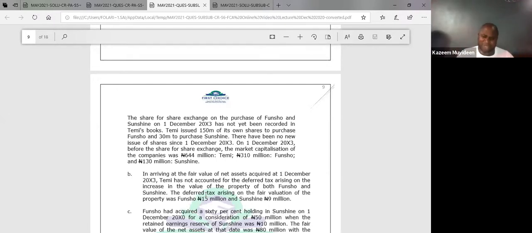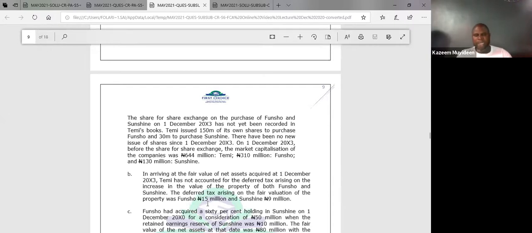Then you compare it. There is another one on deferred tax. If the deferred tax is the same at the date of acquisition and the date of consolidation, I would debit the reserve and credit deferred tax liability by adding to it.